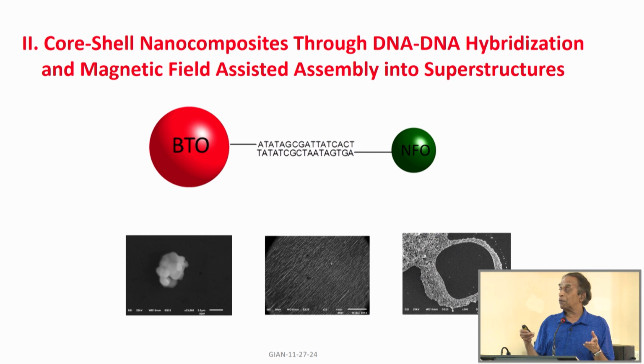We didn't form any superstructure other than using a magnetic field to assemble them into films, but people in the future may take this initial study and build on it to make superstructures of these composites, hopefully.